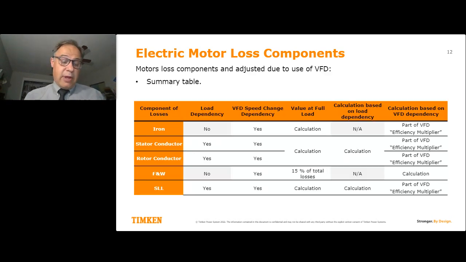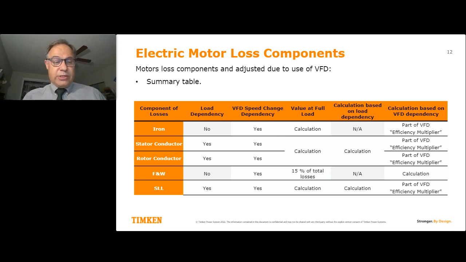Now, in summary, we can look at this and say, okay, I've got my different loss components that I've defined. I can look at them and say which of these are load dependent. I can say which of them will be changed because of speed change, not because of the frequency or anything of the V, but just because the speed has changed.